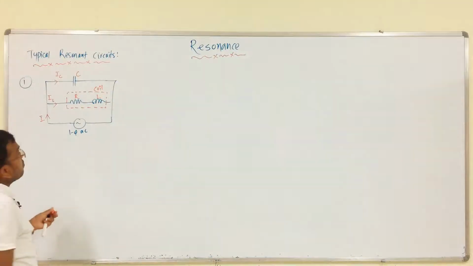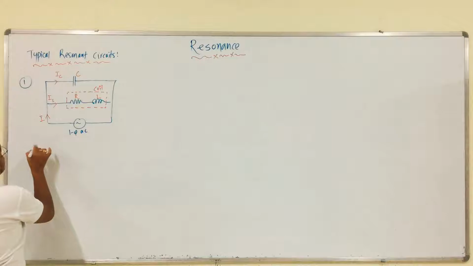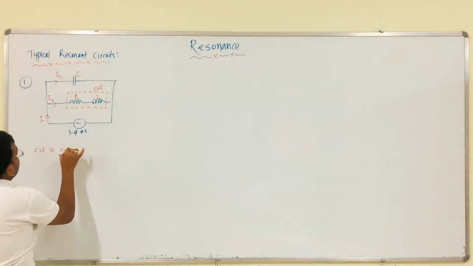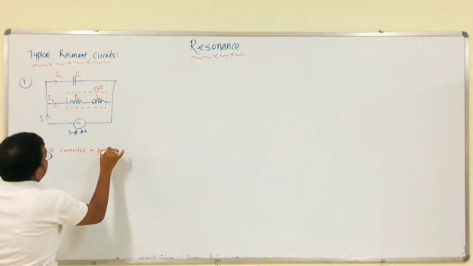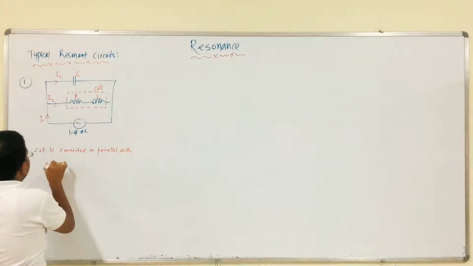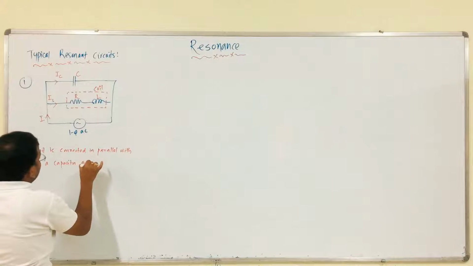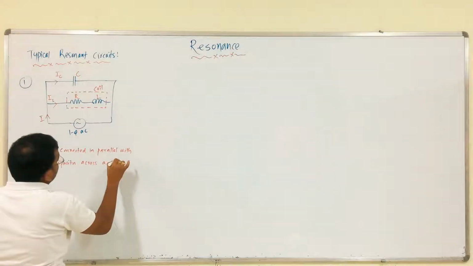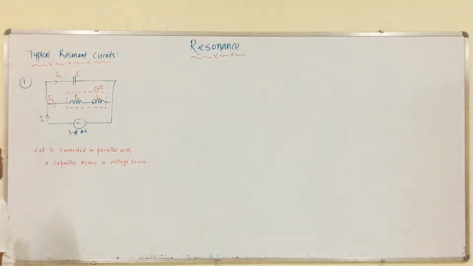So, the coil consists of a series combination of R and L, that is, the coil is connected in parallel with a capacitor across a voltage source, right.